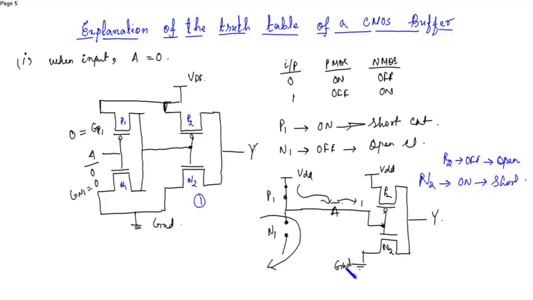So if I say this is the first stage, this is the second stage, then at the third stage we can say that PMOS 2 is open and NMOS 2 is closed, which is connected to ground, and this is the output Y. So this will cut off and the output will be the low voltage.